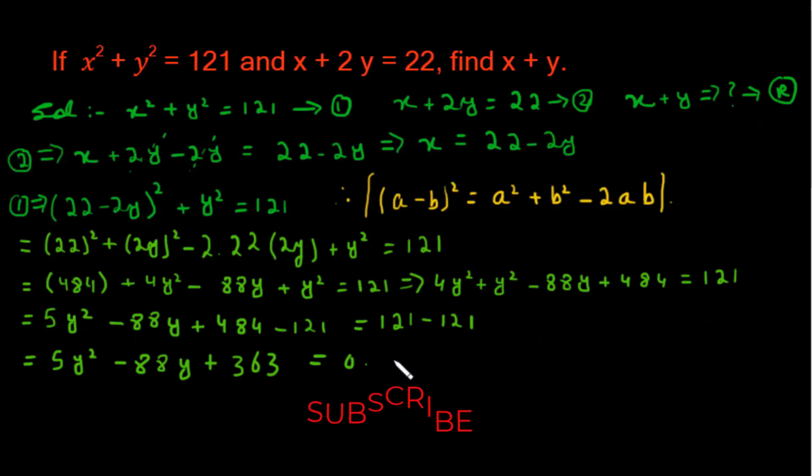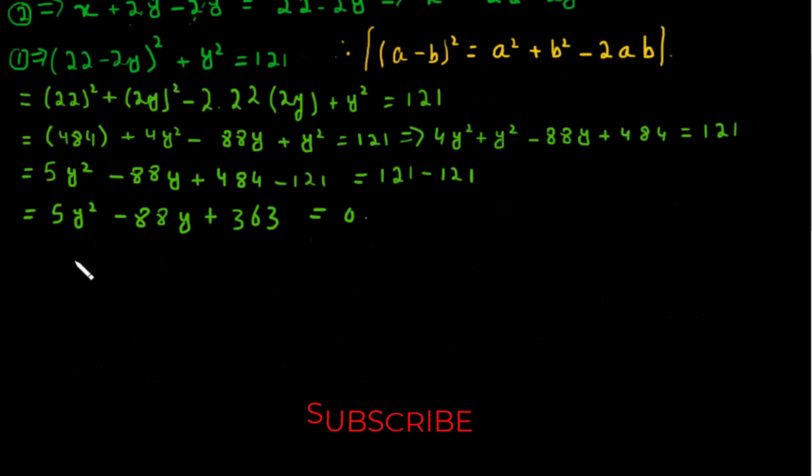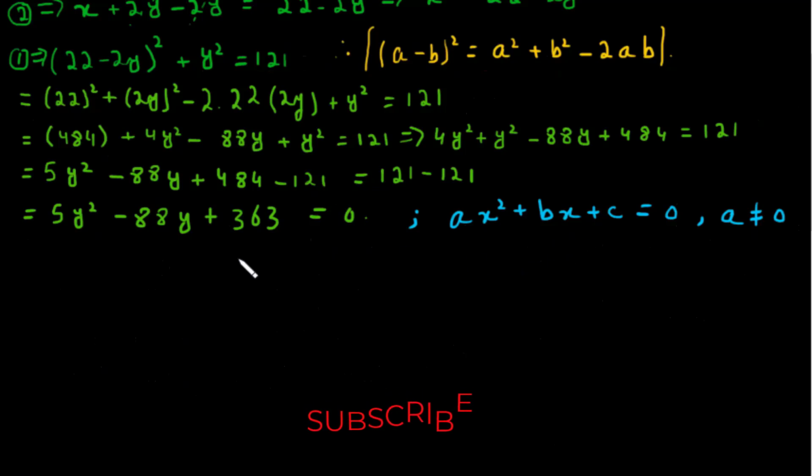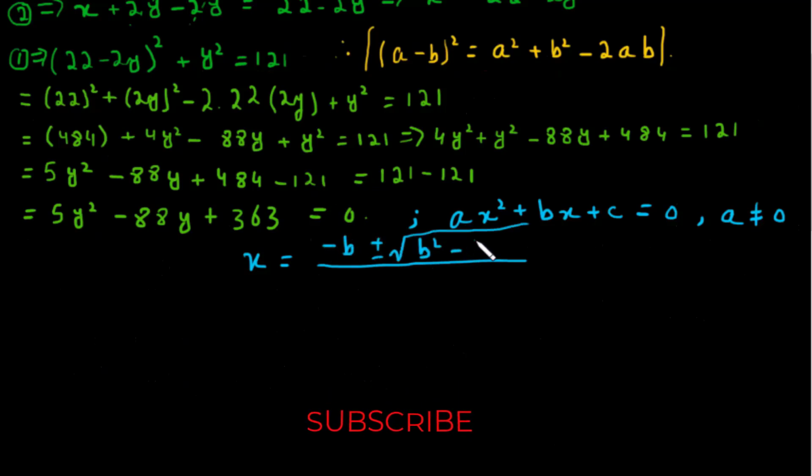Now I can see that this is quadratic in y, and we know by comparing this to the standard quadratic equation, that is a x squared plus b x plus c is equal to 0, that a will never be equal to 0. This is the standard quadratic equation, and it has a solution by the quadratic formula: x equals minus b plus minus the square root of b squared minus 4ac, divided by 2a.